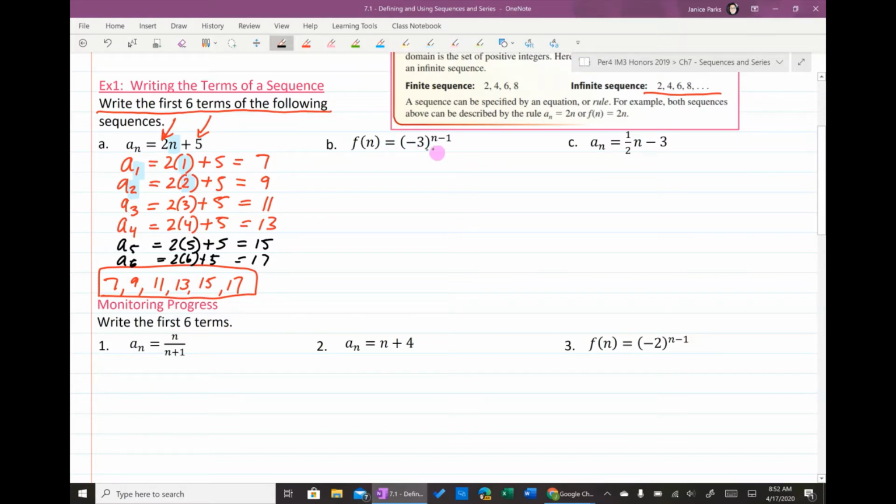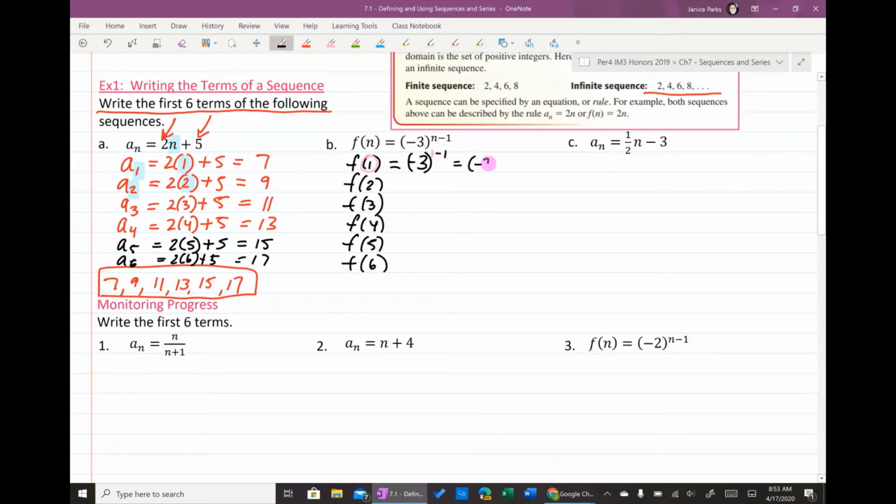This is a different way of writing it, so they write it in function notation. You're going to find the function of the first term, second term, third term, fourth term, 5th term, and the 6th term. You'll see a pattern as we start. So we're going to have -3 to the 1 minus 1 power. Again, you're replacing n with this number.